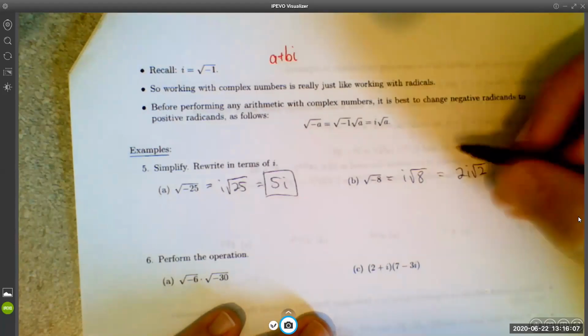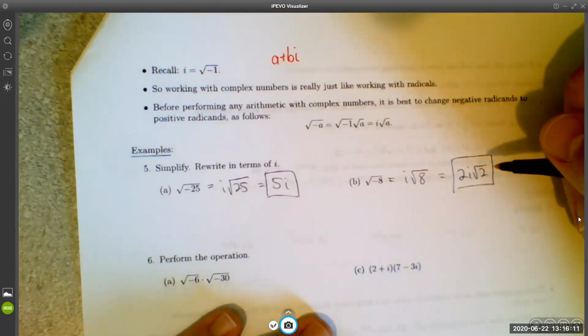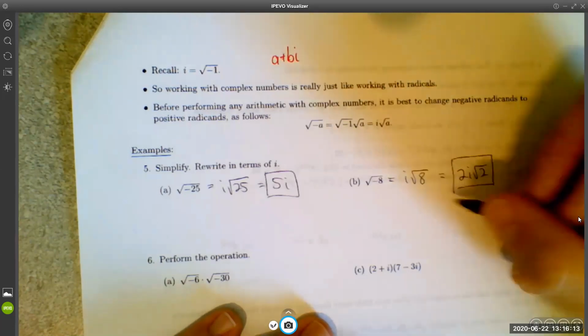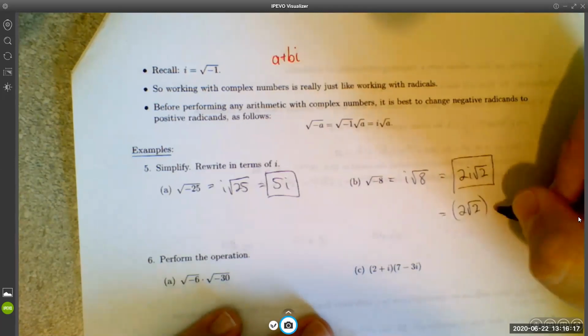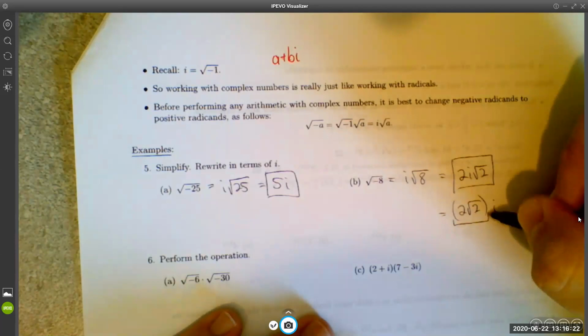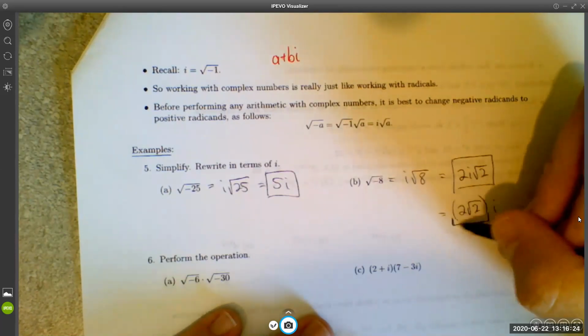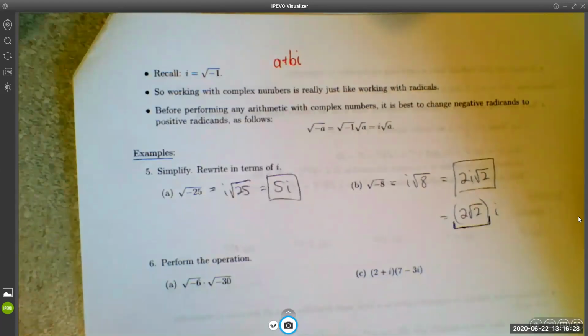I'll be honest with you. This is the way that we usually write it in algebra textbooks. I don't like it like this. I would rather see it as 2 root 2 times i. Because then that tells you this is the real part of the number, the coefficient, I guess you could say, on your i. It just makes it a little bit more clear to me.